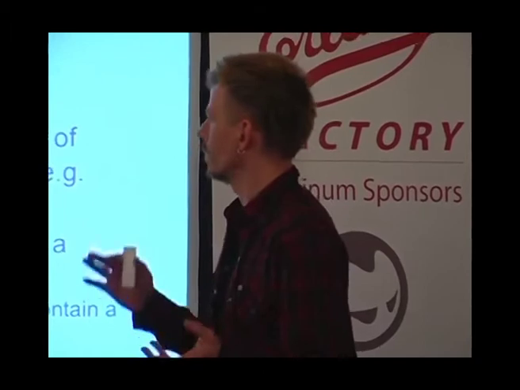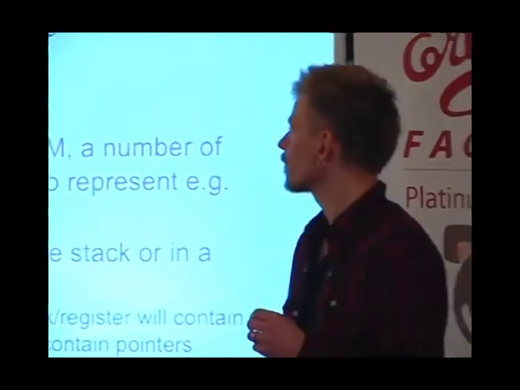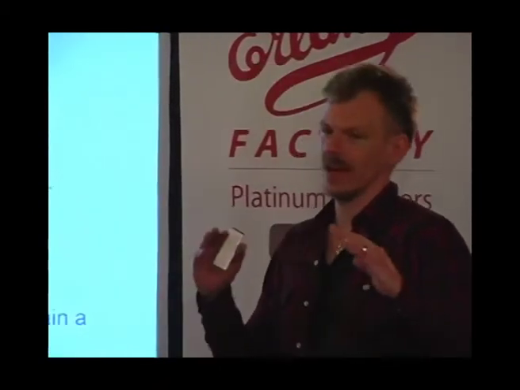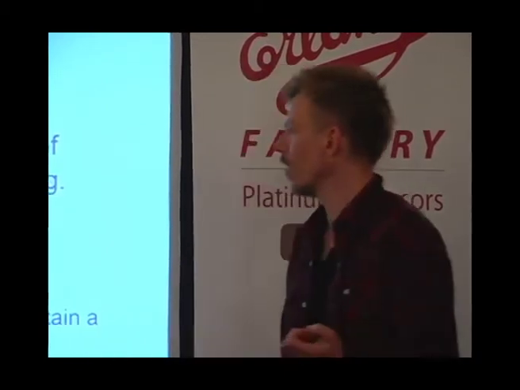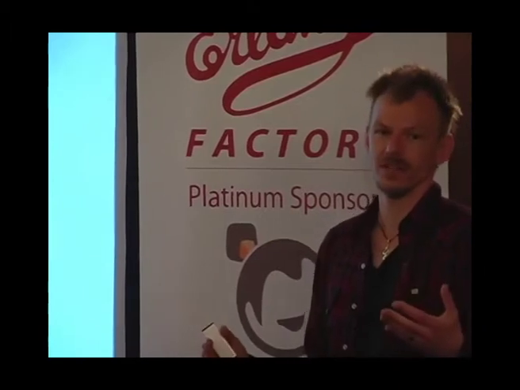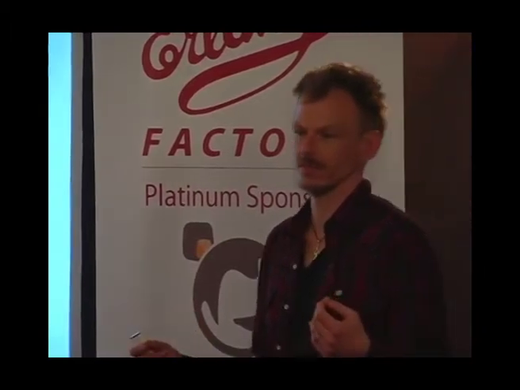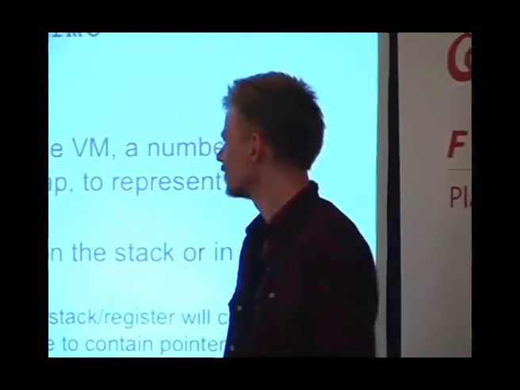It's a word large, the size of a void pointer or something. And everything is an array of E terms. So the heap of a process is just an array of E terms, and the stack is an array of E terms, and so on. The registers are E terms in the virtual machine. The code is not E terms, but everything else is.